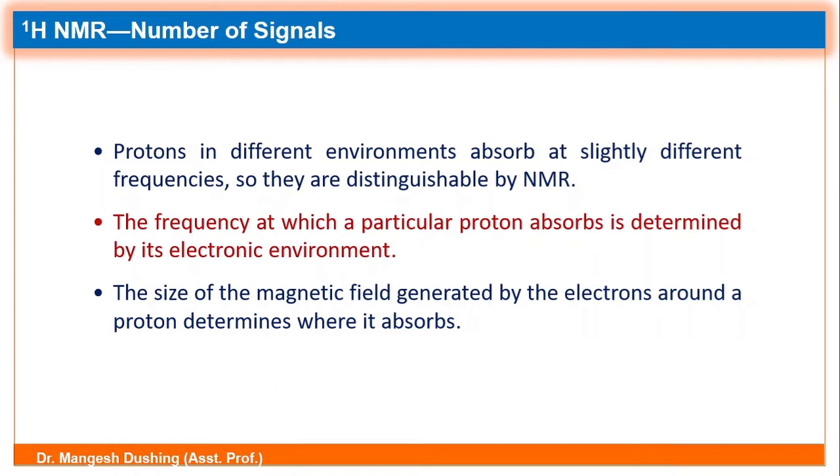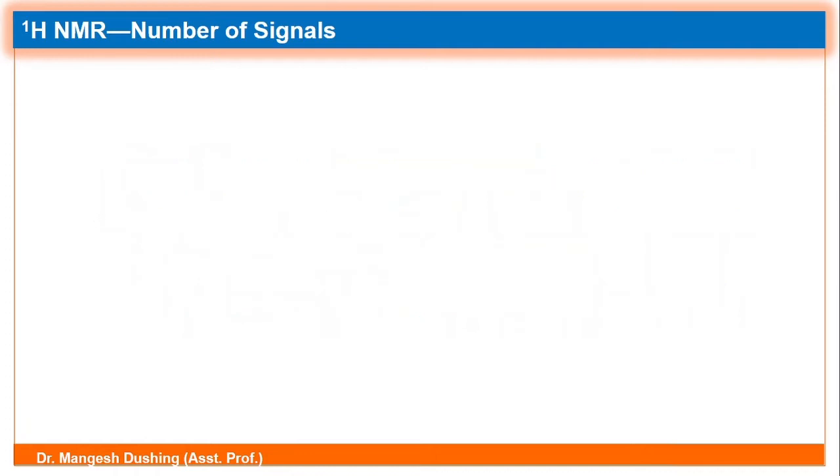These electrons produce their own magnetic field, and the size of this magnetic field determines where it absorbs and where it gives peaks in the NMR spectrum. This is the information we are getting from the NMR spectrum about the NMR signals.